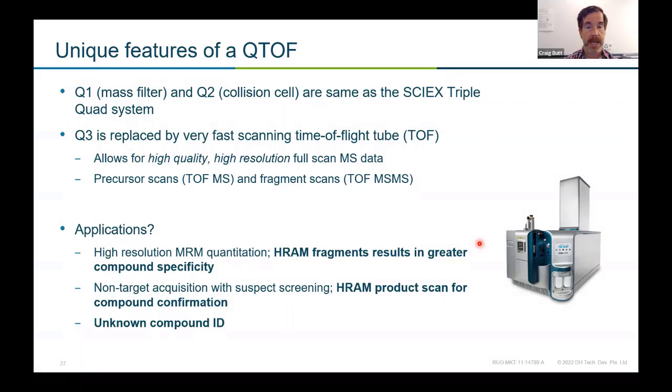And then instead of filtering out for a single fragment, we're able to use that time of flight chamber to scan out all of the fragments, but at very high precision and very high accuracy. So what it means is that you can know the precursor mass very accurately and precisely, as well as all of the fragments that are formed.